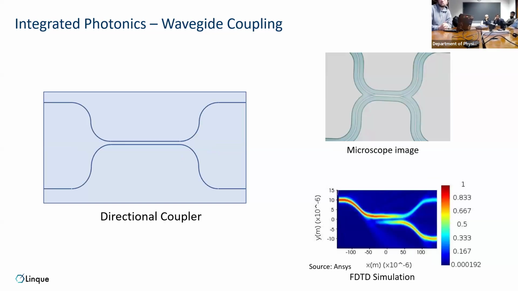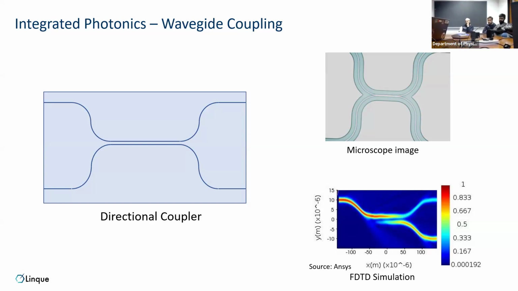This can also be done with something called a directional coupler, because the mode is confined in the waveguide, but it also lives slightly outside of the waveguide. So if you bring two waveguides very close together, the mode can wander from one to the other. That means with a certain length, you will get a certain splitting, right?